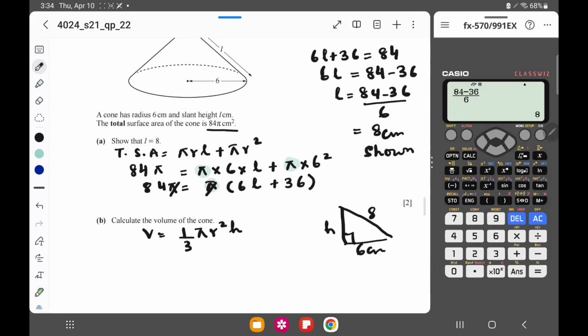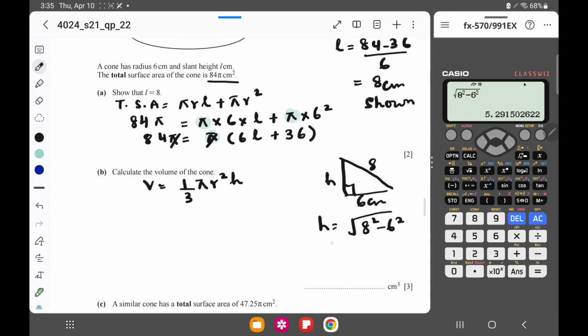So vertical height will be equal to 8 square minus 6 square, 64 minus 36, which is 2 square root 7 or 5.29.